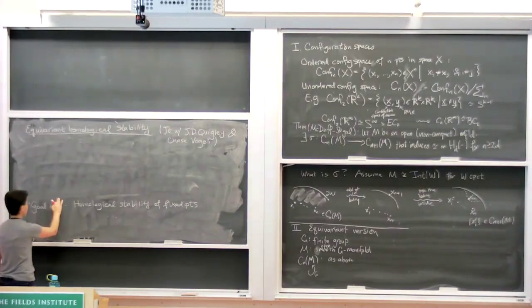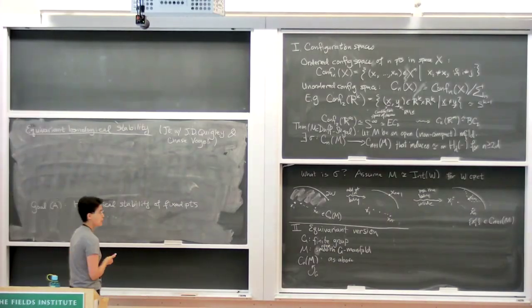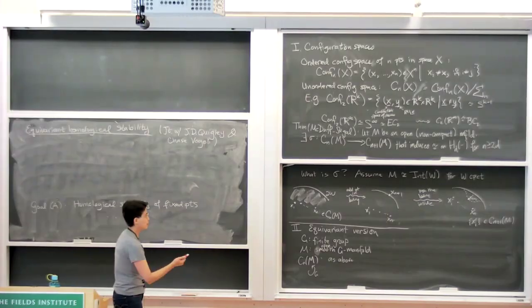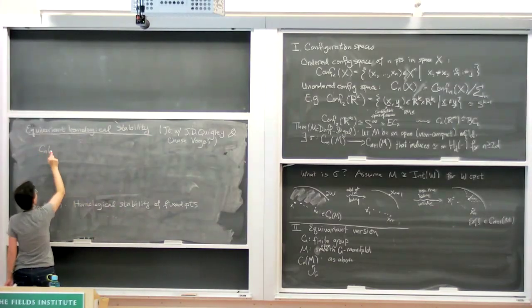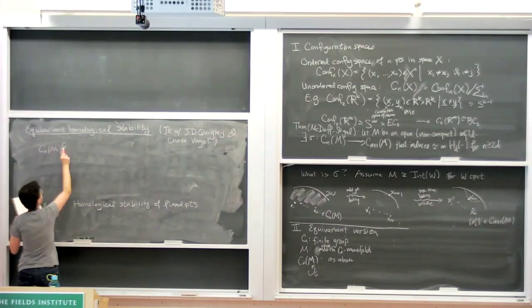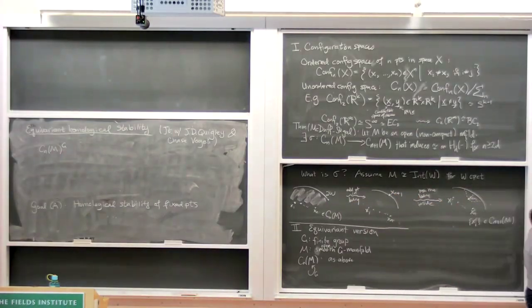Okay, so the first kind of homological stability statement one might be interested in is about the fixed points. So now let's try to say something about the fixed points. If I take Cn of M and take its fixed points, well, these examples up here are trying to tell you something about what the fixed points look like.